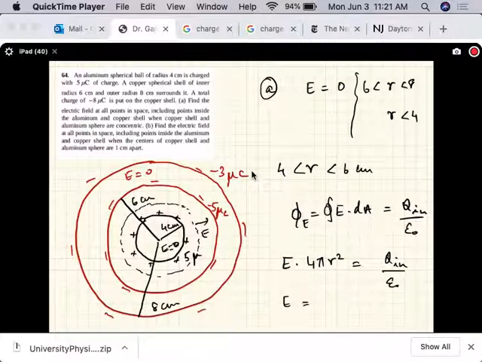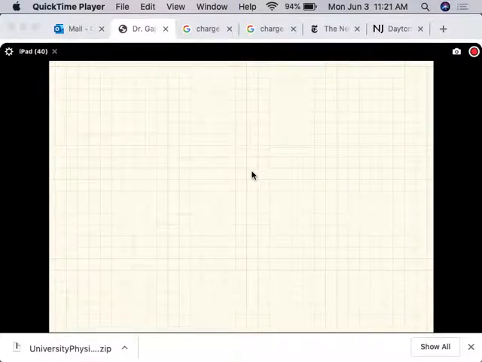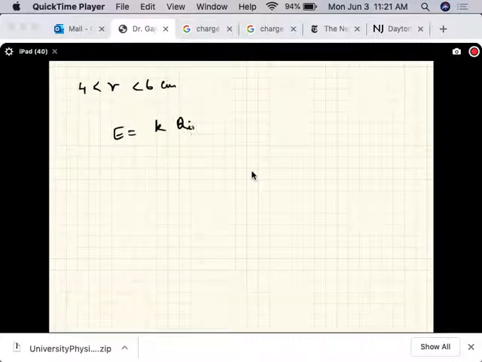And E is 1 over 4 pi epsilon naught times q inside over r squared. 1 over 4 pi epsilon naught is k, the Coulomb's constant. So for r between the shell and the solid sphere, E is k q inside over r squared.